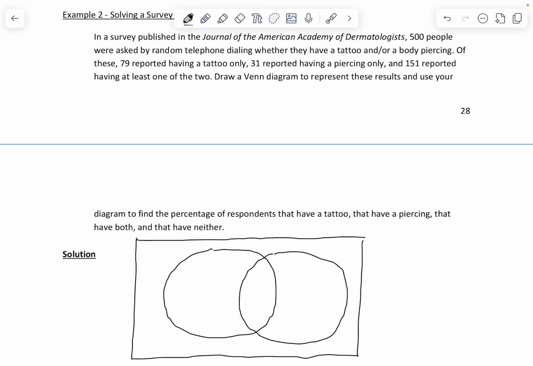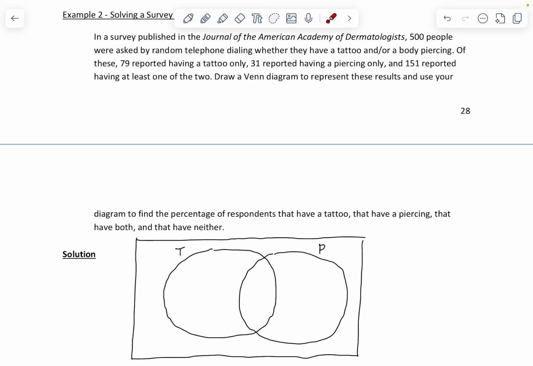I'm going to label this first circle T for tattoo, and this circle P for piercing. All right, so the survey involves 500 people. So that means that the sum of the numbers in all of the regions has to add up to 500.